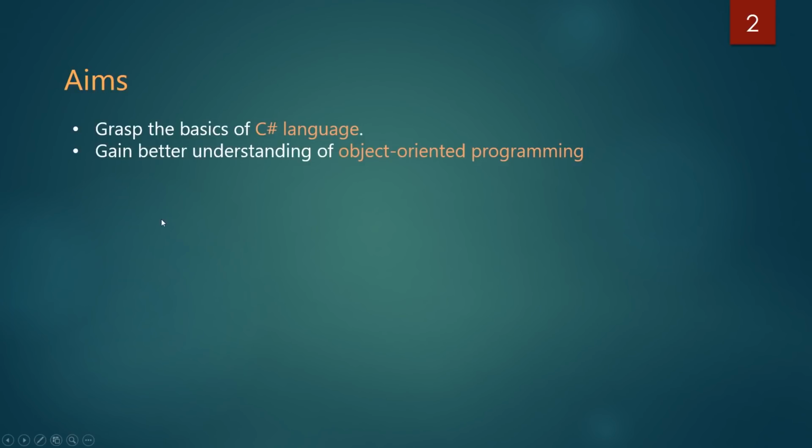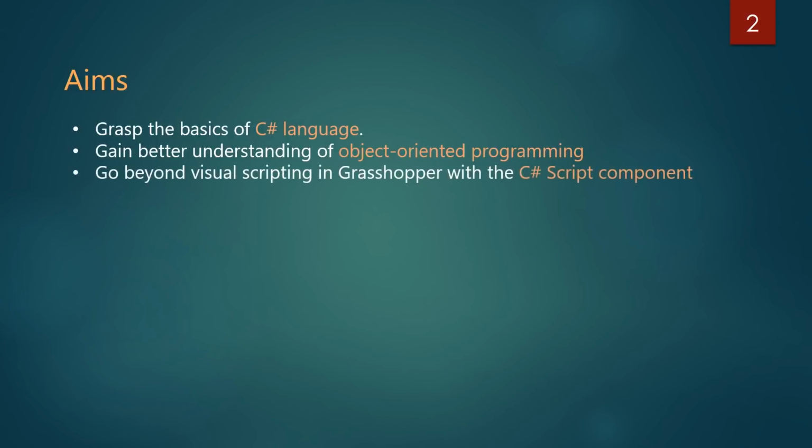And for those of you who already have an idea of what object-oriented programming is, this course will give you more knowledge on that. But we're also going to start from the quite basic of object-oriented programming. When you program these days, it's impossible to avoid learning some object-oriented programming techniques. Now, the most important thing is that we will go beyond the visual scripting approach in Grasshopper by writing programming code in C#.